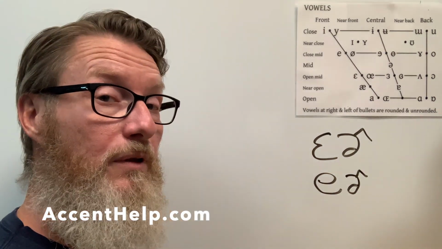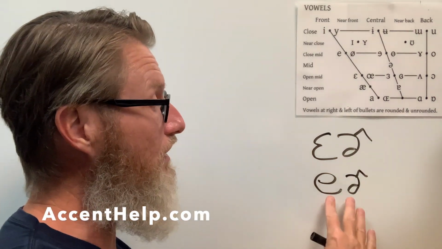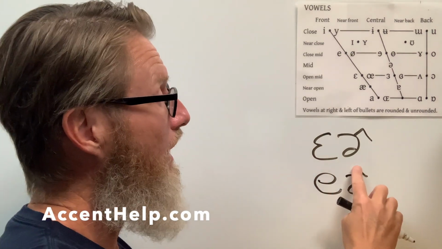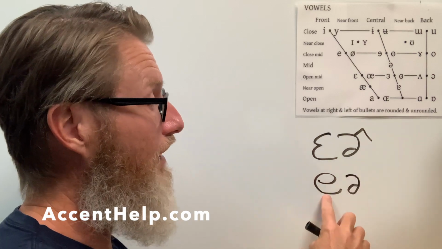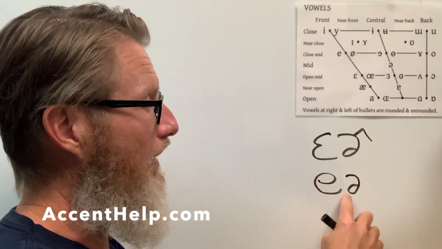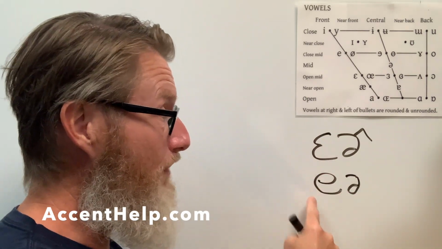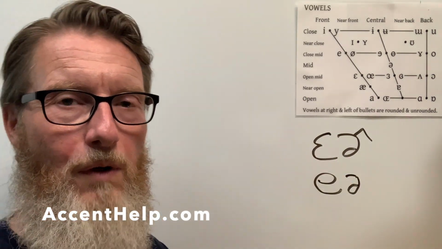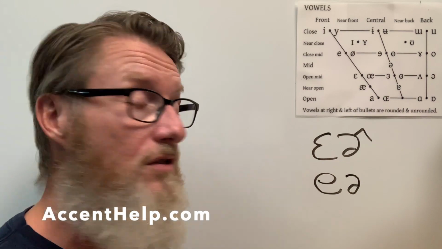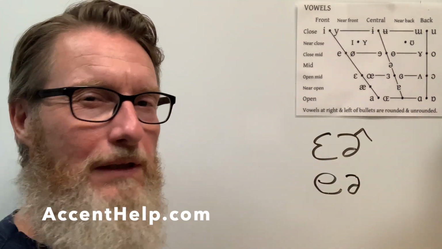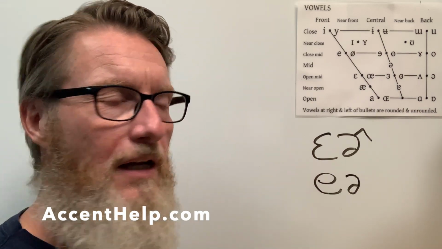Now, some people actually lean towards using this for, say, RP speakers, Standard British, in which case it would be non-rhotic. Air, square. Some actually go towards this for that, and then use this for American speech. We could debate this for a while, and I think you can get some variations in various Americans, which one of these more accurately represents it.